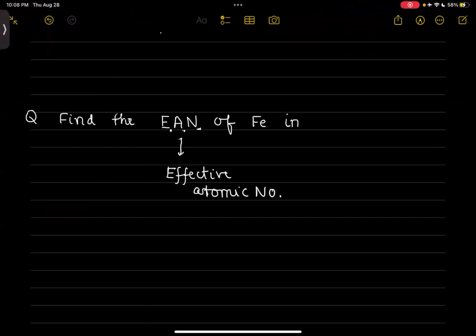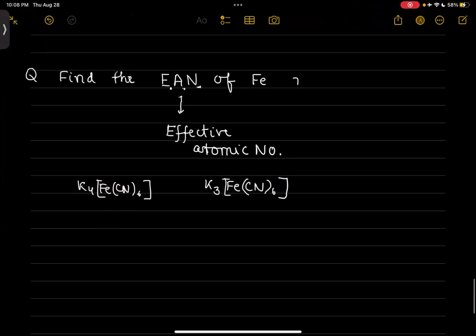They are K4[Fe(CN)6] and K3[Fe(CN)6]. And just try to figure out whether the EAN is followed or not. Got it?